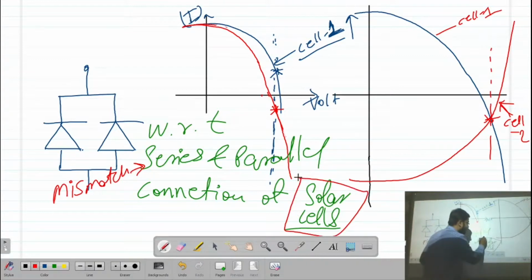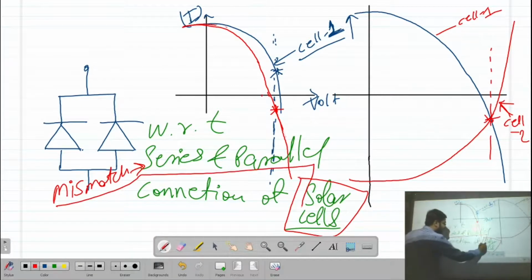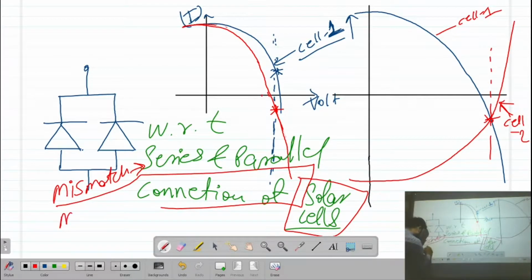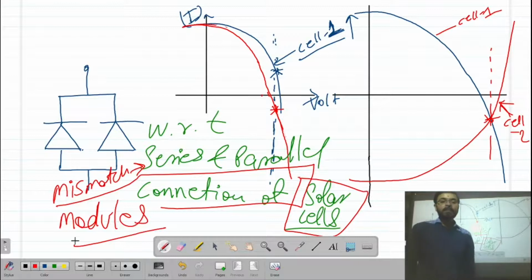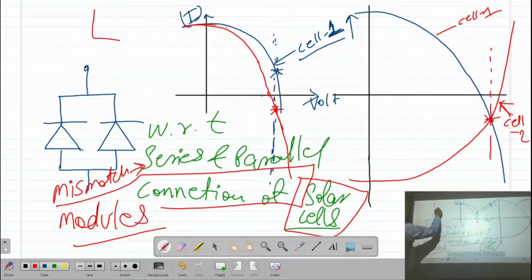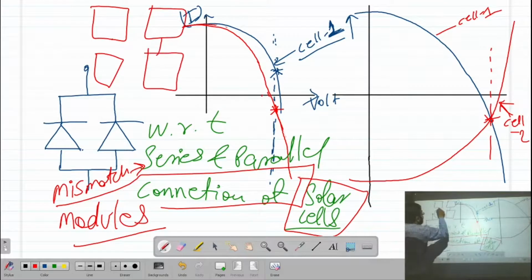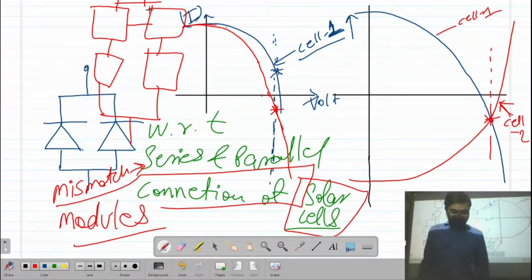But let us think about, instead of solar cells, mismatch in series and parallel connection of modules, because we know that modules are connected in series and parallel to each other to increase the total power of a system.